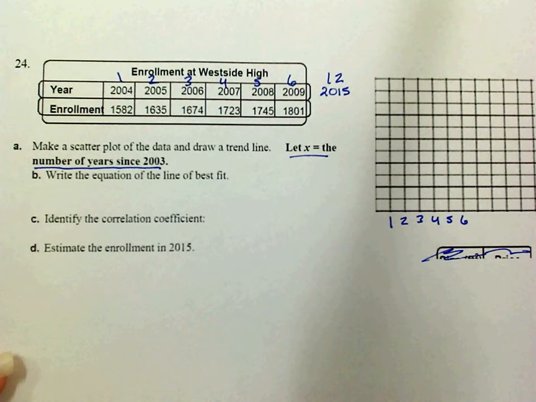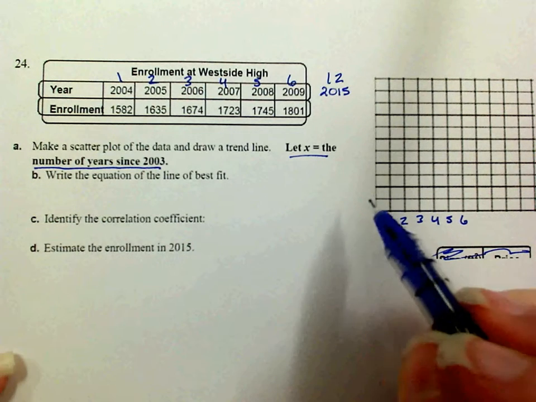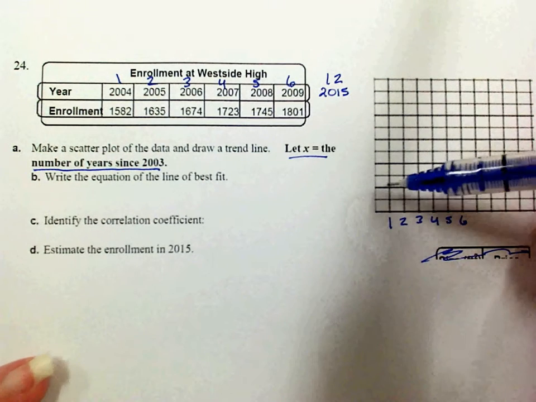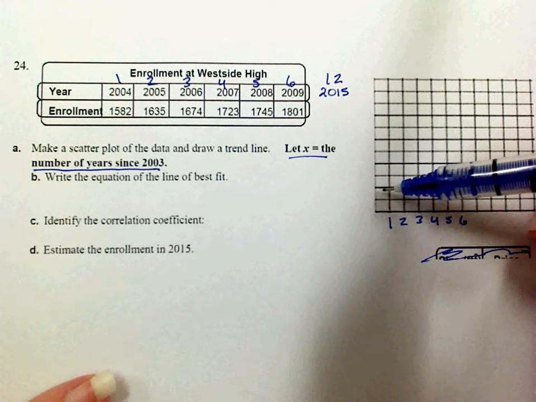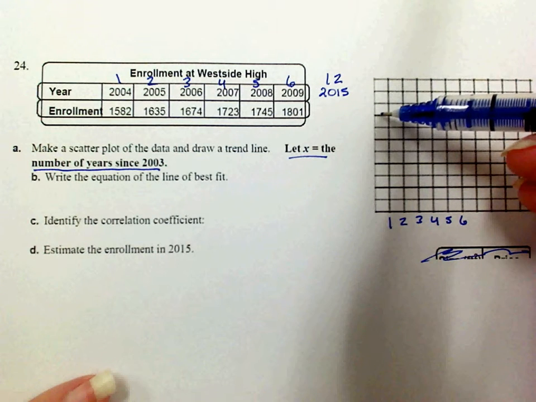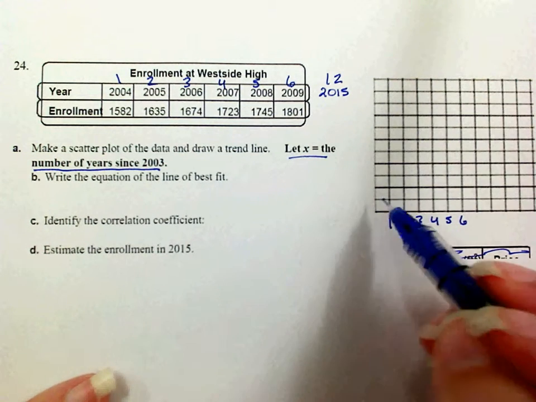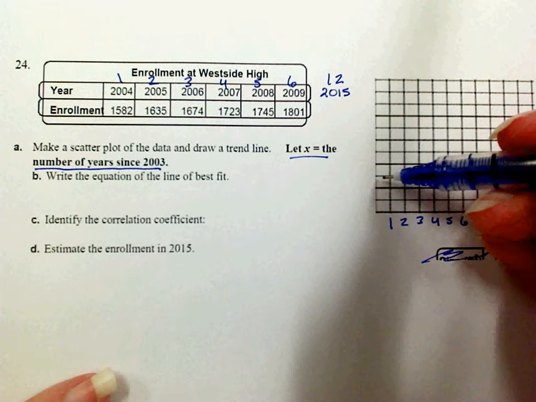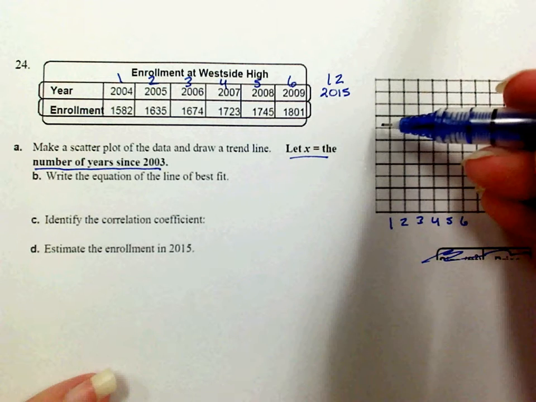Okay, so what do you want to do? Go by 50s? 1550, 1600, 1650, 1700. Dang it, I don't have enough room. What if I started here? 1550, 1600, 1650, 1700, 1750, 1800, and then I could just go right above it? Yeah. Okay. The more space, the more room I have.